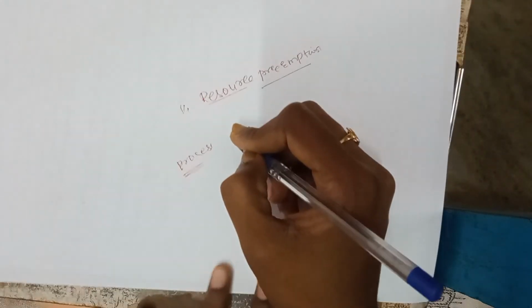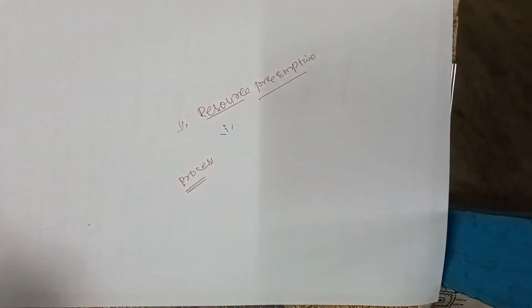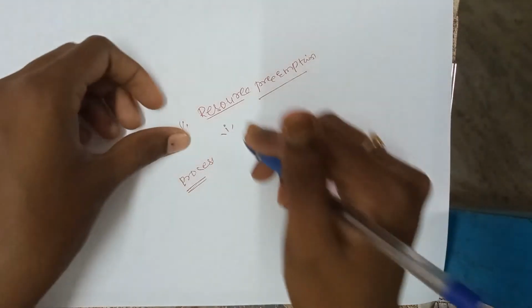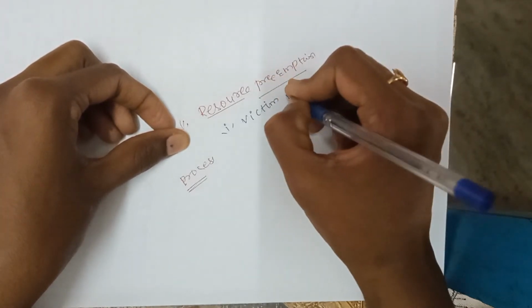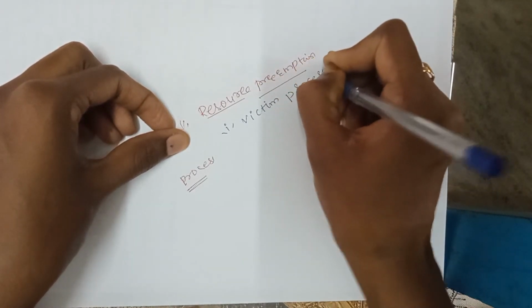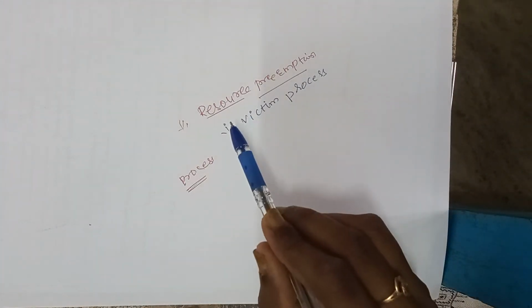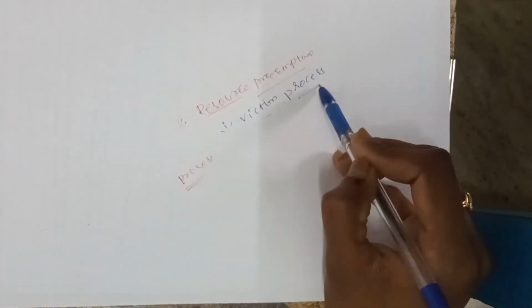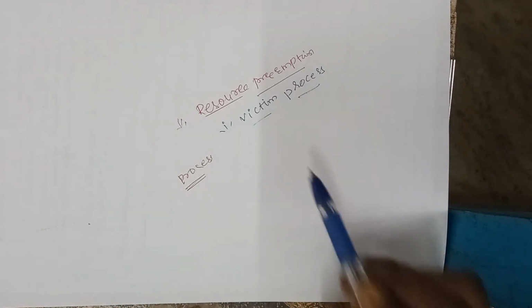Now, in this first case, first we have to select a victim process. That means if you want to remove the resources, first we have to select a victim process. That is nothing but from which process you want to remove the resources.